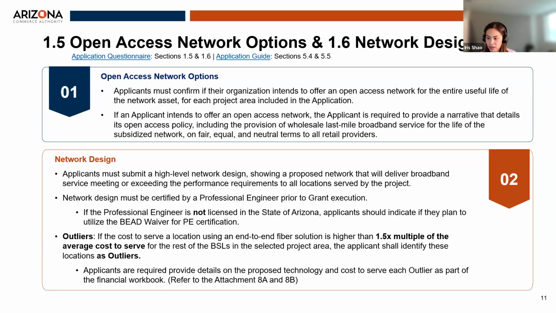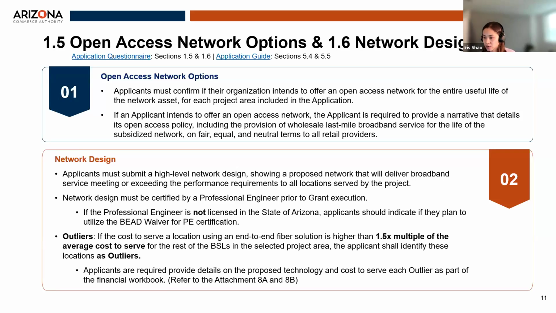And then lastly, outliers. Outliers are defined as those locations that will cost 1.5 times more than the rest of the BSLs in the selected project area. Those can be excluded in your A2 technology solution.